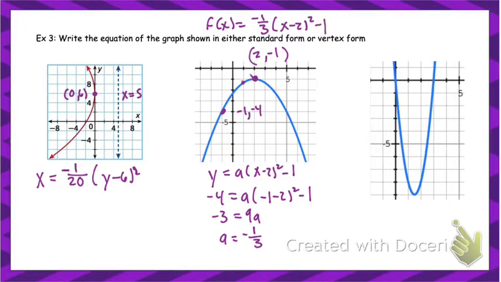All right, and this last one, we can't really tell where the vertex is, but we can clearly see the roots. So here's a root and here's a root. The vertex will be halfway in between those roots, so we can at least tell the x-coordinate of that vertex pretty easily. It's going to have an x-coordinate of 1.5. But let's just find this one using root form since we've already done that. So with root form, we don't know a. We do know that my roots are 0 and 3.